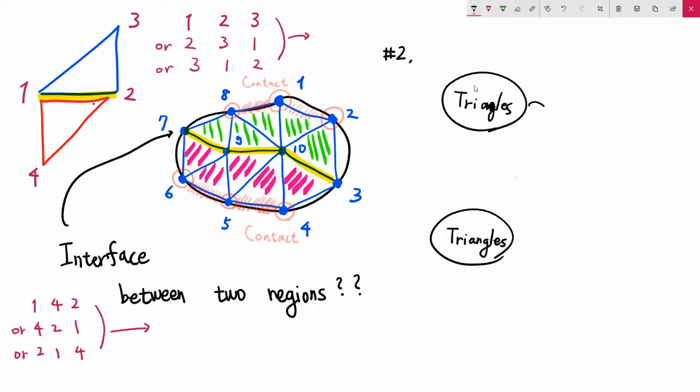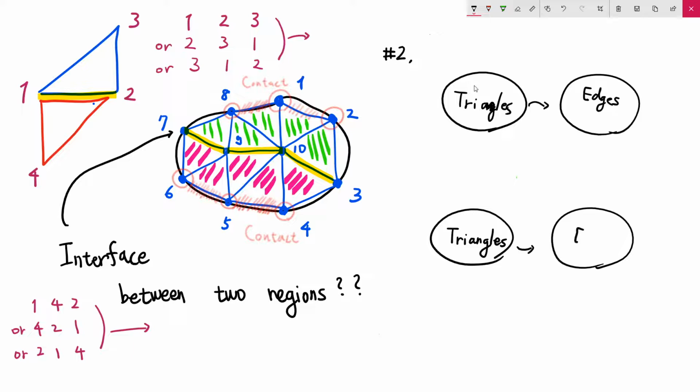Then from them you can also generate edges, this type of edges and edges. So Mr. Han, are you with me up to here?